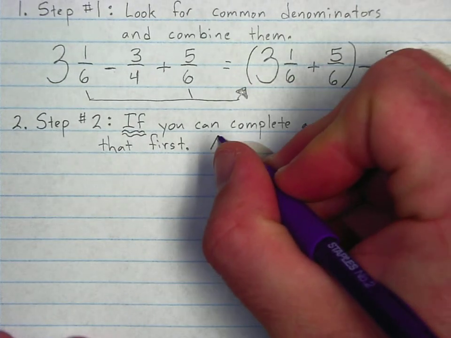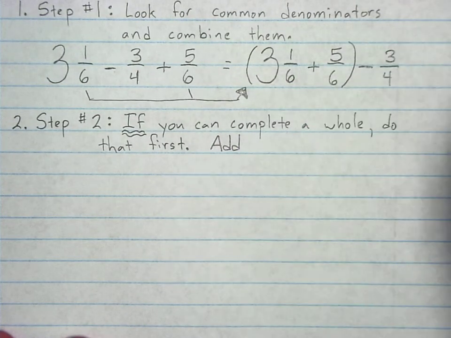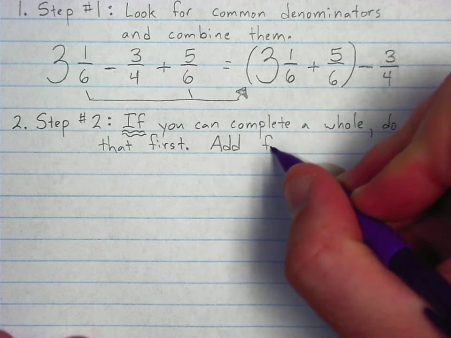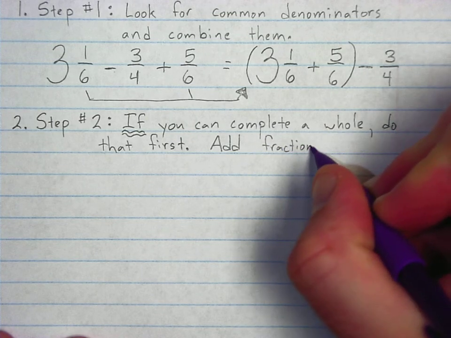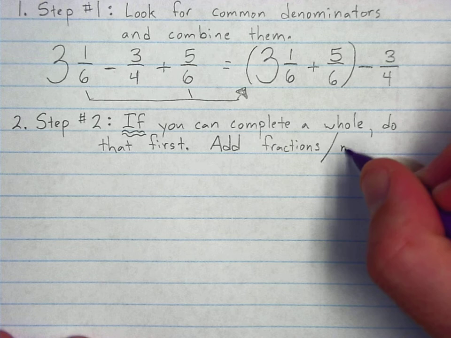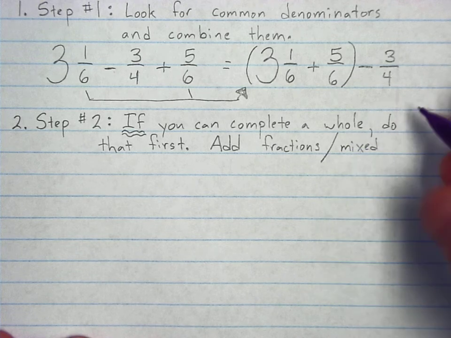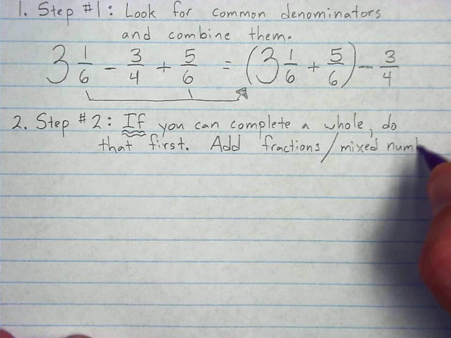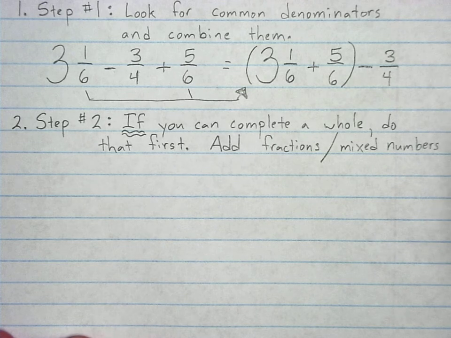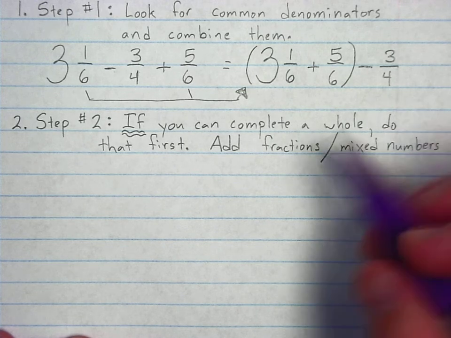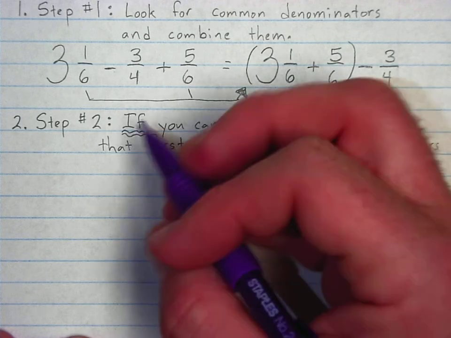Then, or if you can't do that, just jump straight to this part: add fractions, mixed numbers, whatever you have, with common denominators.